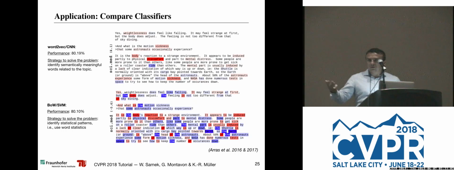But for us humans, I think most of you would agree that the upper model is better because it gives really intuitive explanations of how it comes to its conclusion, whereas the model below is much harder to interpret and to understand what it does.